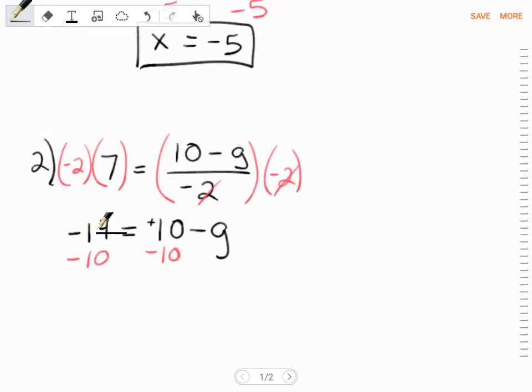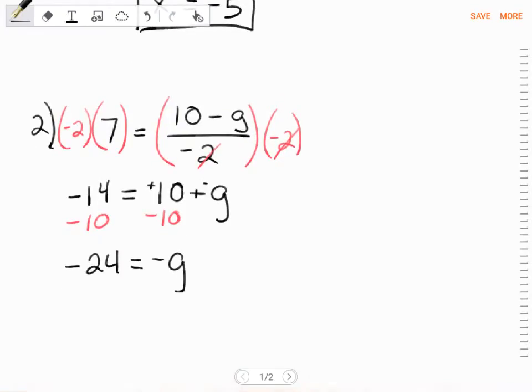If I have a negative 14 minus 10, that's going to give me a negative 24. I no longer have these 10s here, but notice right here we have minus g. We've talked about this before as being the same thing as plus a negative. What we have on the right-hand side of the equation is a negative g left.